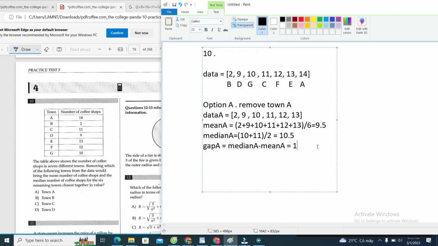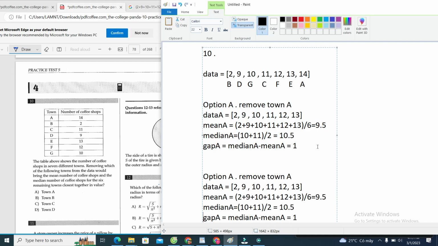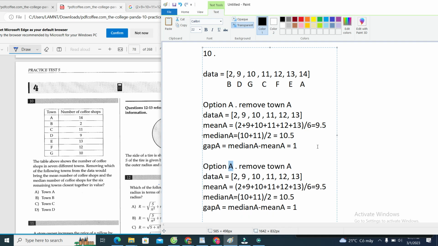Option B is removing town B. Very similar.